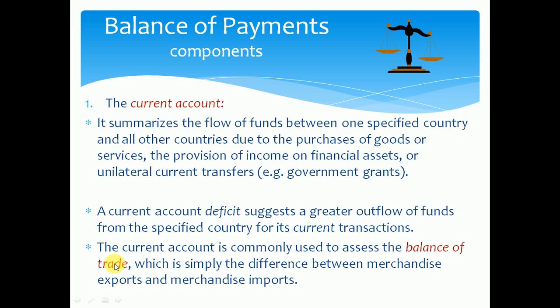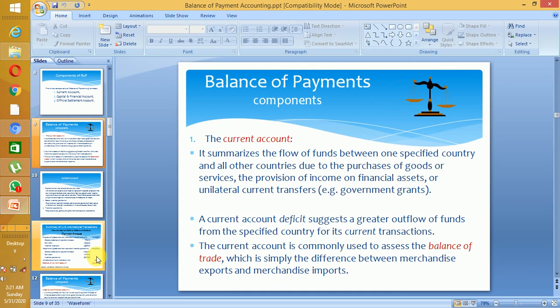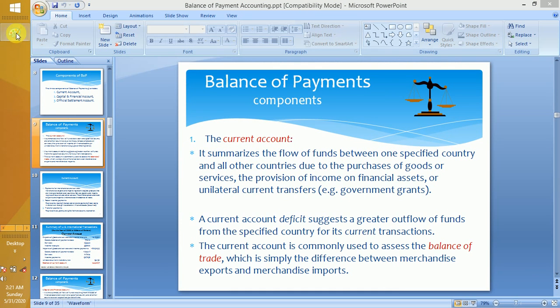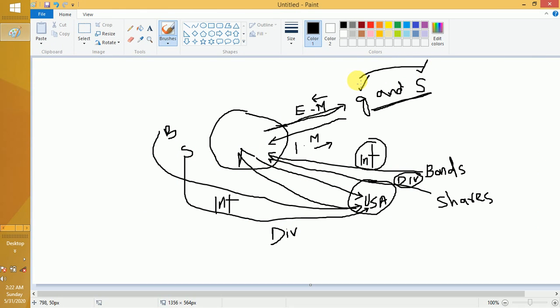But keep in mind, out of these three items, the biggest item is goods and services. So it is basically showing the balance of trade. This is basically import and export, this is basically trade. So it is showing balance. That's why it is called balance of trade, in short, because the biggest item in this is goods and services.